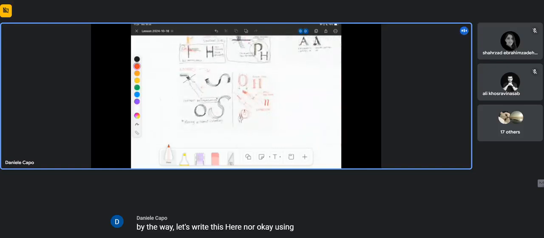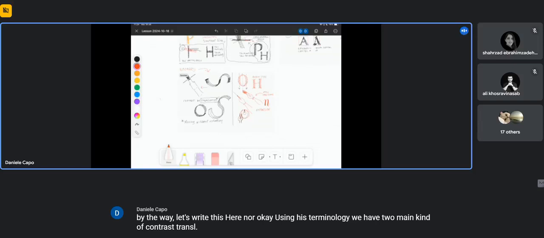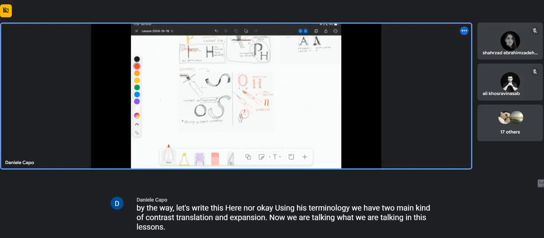Using his terminology, we have two main kinds of contrast: translation and expansion. Now, what we are talking about in these lessons is basically translation.